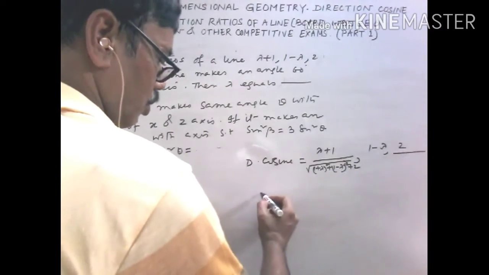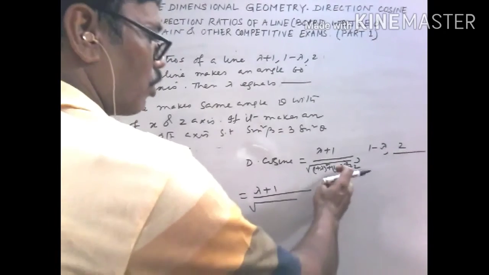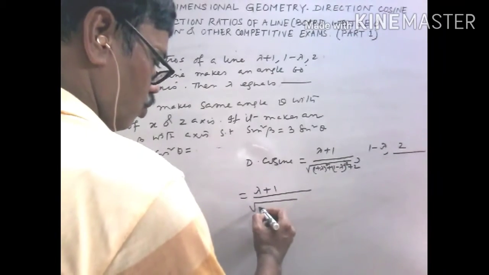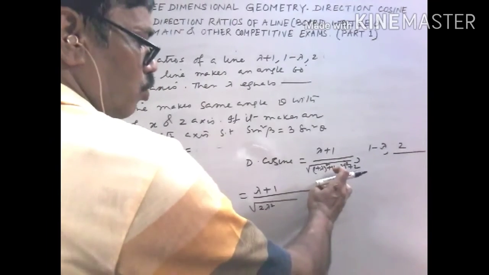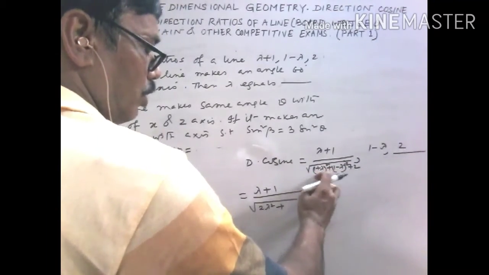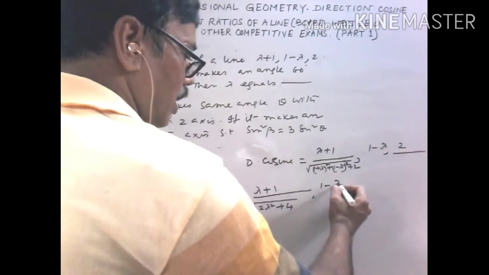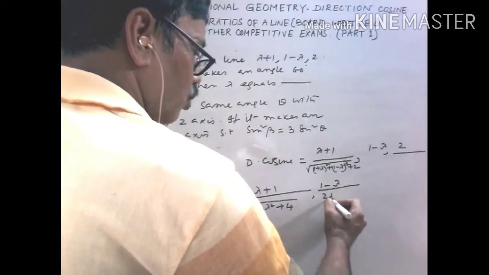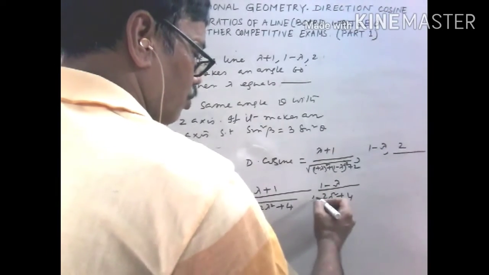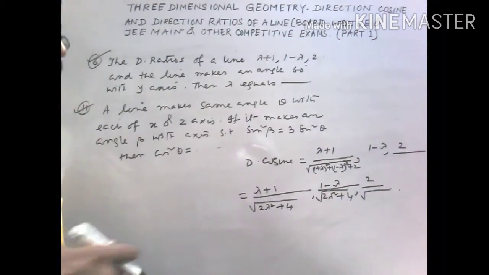If we simplify it, the lambda terms cancel, this is 2, 1, 1, 2 plus 4. So this is 1 minus lambda by root 2 lambda square plus 4, and this is 2 by this.